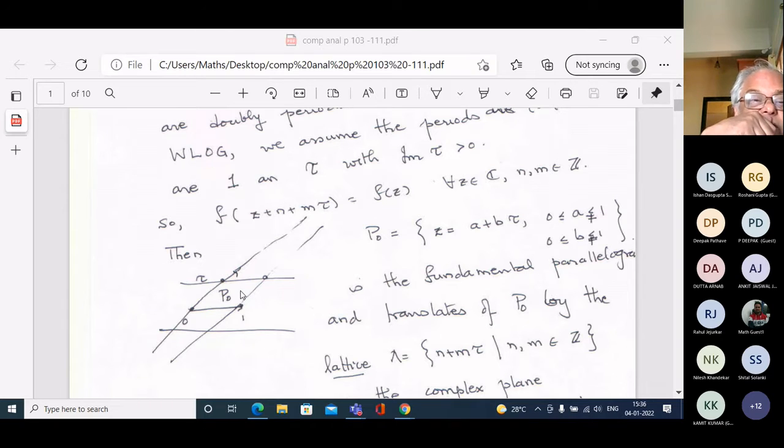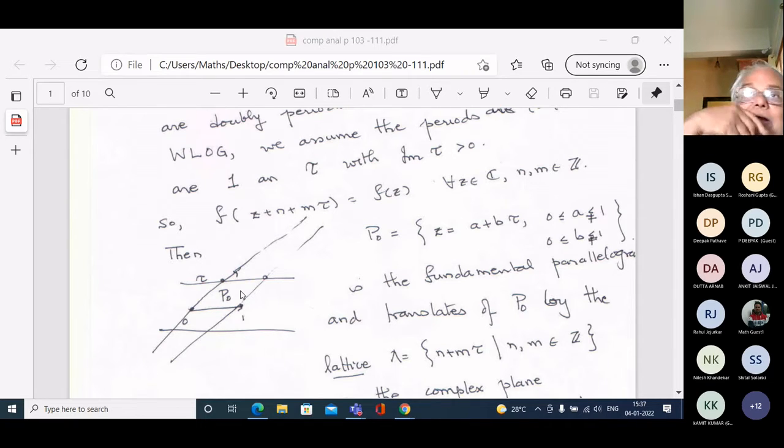So you want meromorphic functions which are periodic with these two periods, omega 1 and omega 2. That means f(z + ω1) = f(z) = f(z + ω2), where omega 1 and omega 2 are some complex numbers.